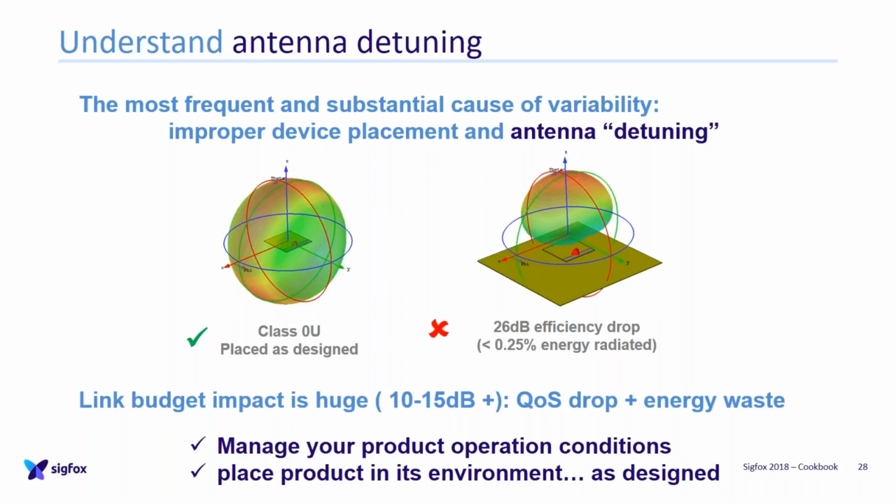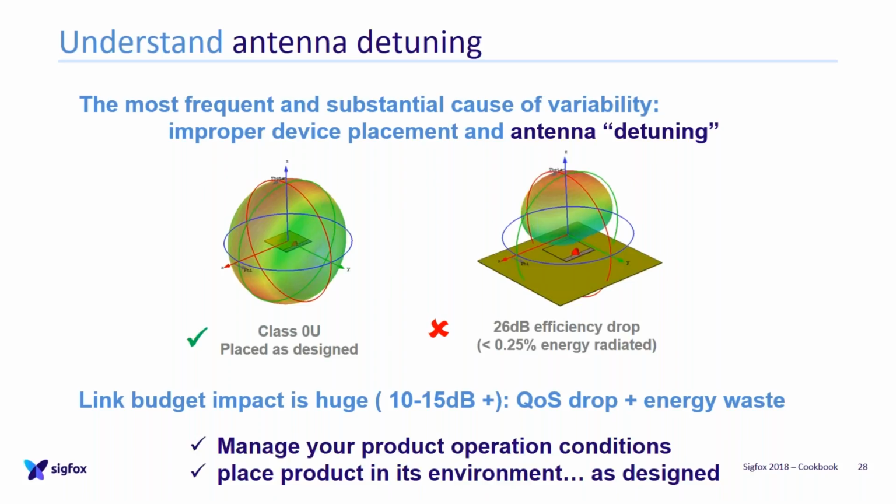So the quality of service drop in that case is just enormous. And of course, it's also an enormous energy waste, because everything that is not radiated stays within the device. At 25 milliwatt it's not going to damage it, but the idea is that it stays within the device, will heat up, and become older more quickly.